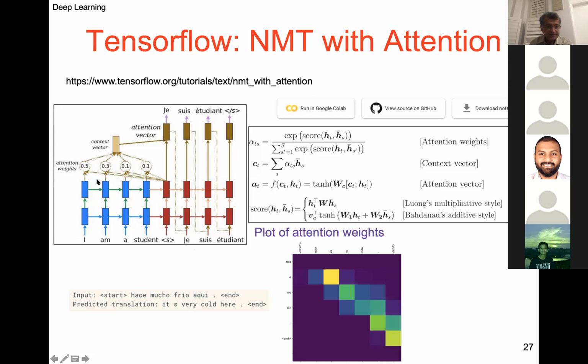This is capturing the attention weights, which add up to 1, as you can see, and you get a context vector. That gives you an attention vector, which captures the inputs and the initial words that have been presented in the training part, which is now producing the output. I guess in the training part, this is producing a correct output, same as the input here. And an example like this with a plot of attention weights and so on.